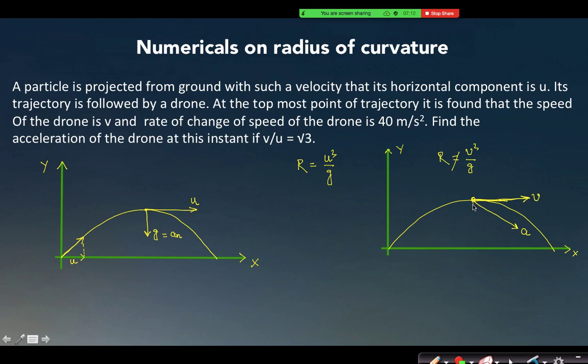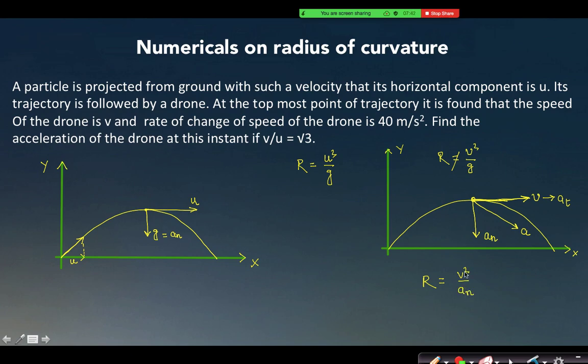But if the normal component, the radial or centripetal component of that acceleration, is an and the tangential acceleration is at, then what can I say about the radius of curvature by the motion of the drone? V square by an. Good.